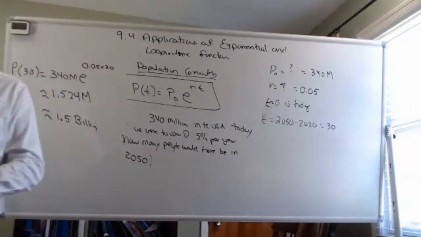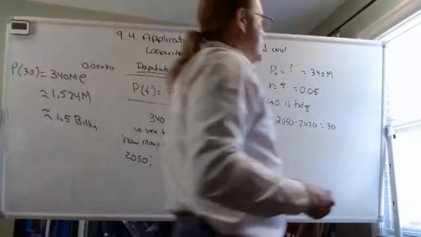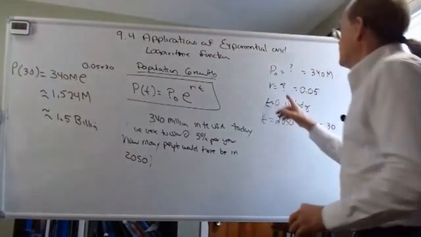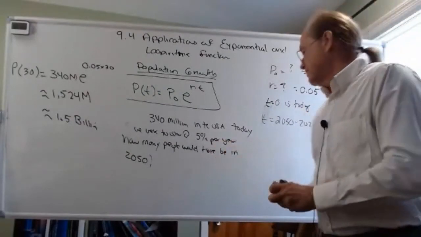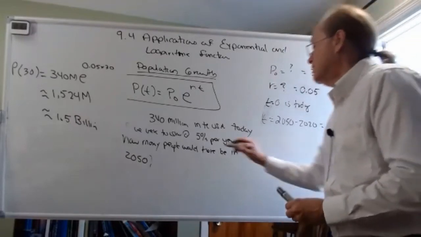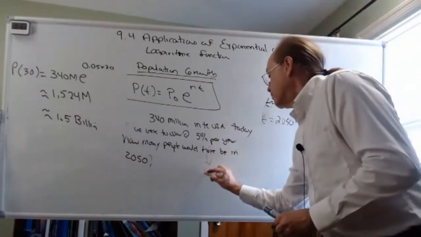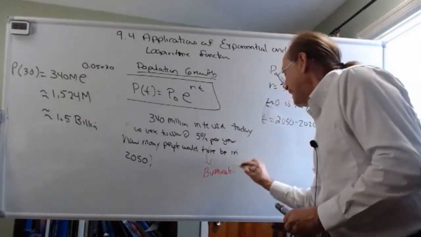We are not growing at 5%. 5% doesn't sound like such a large rate, but it is. Now, when I say they're growing at 5% per year, for those that often question this, this is the birth rate minus the death rate.